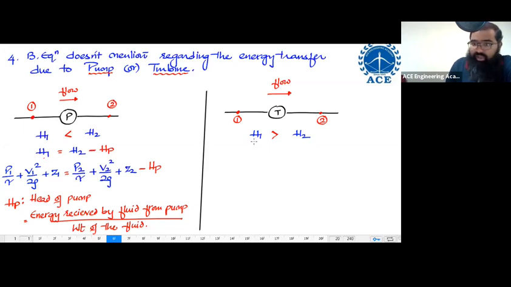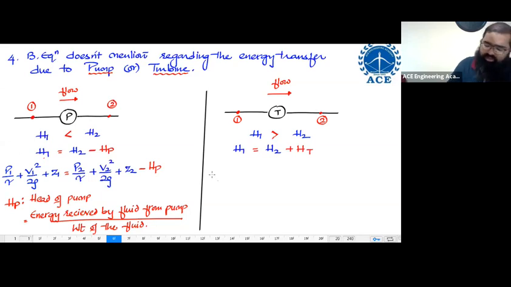But I told you, everything should be done on the right hand side. So subtraction on the left is as good as addition on the right. So now I can write H1 is equal to H2 plus head of turbine. Very simple mathematics.